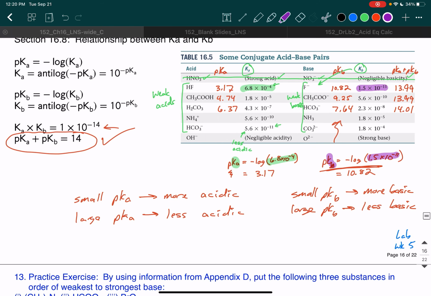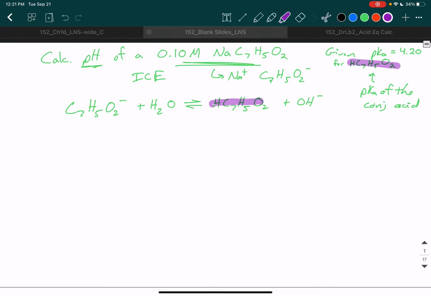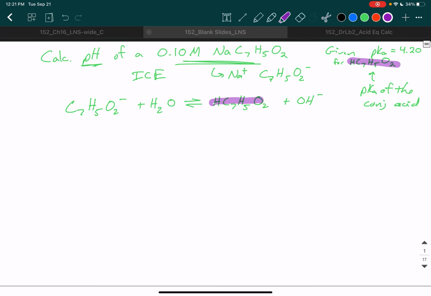That is associated with an acid and conjugate base, or base and conjugate acid pair. Doesn't matter how you're describing that. They're linked together.